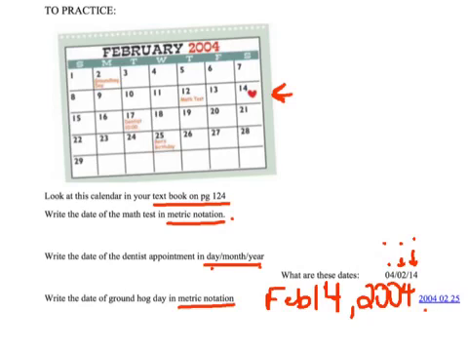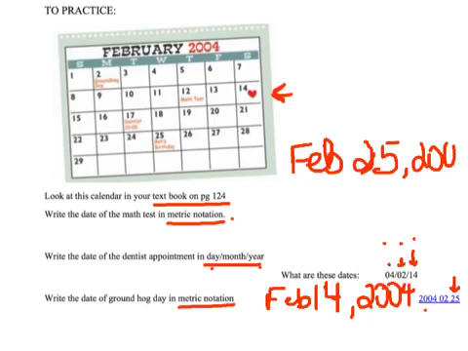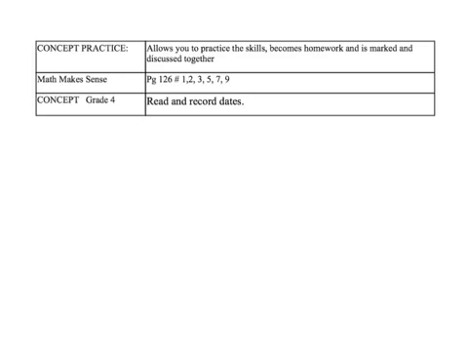Let's take a look at this one, 2004, 02, 25. 2004 again being the year, 02 being the month, and that makes this our day. So that would be February 25th, 2004.